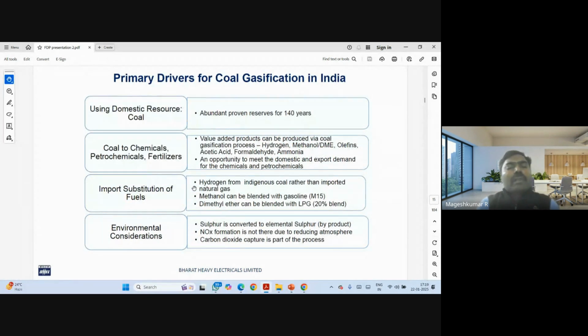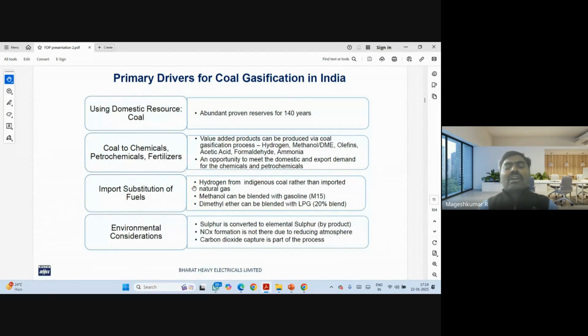What are the primary drivers for coal gasification in India? As I already told, we have abundant proven reserves for 140 years, based on the reserves available and the rate at which we are mining and utilizing them for various purposes. What products can we get from coal gasification?